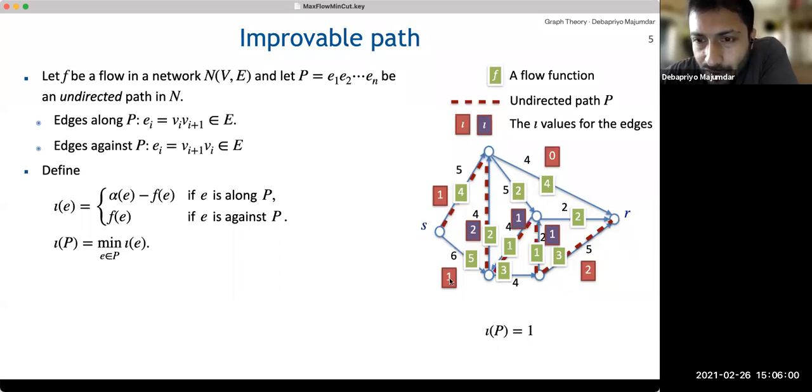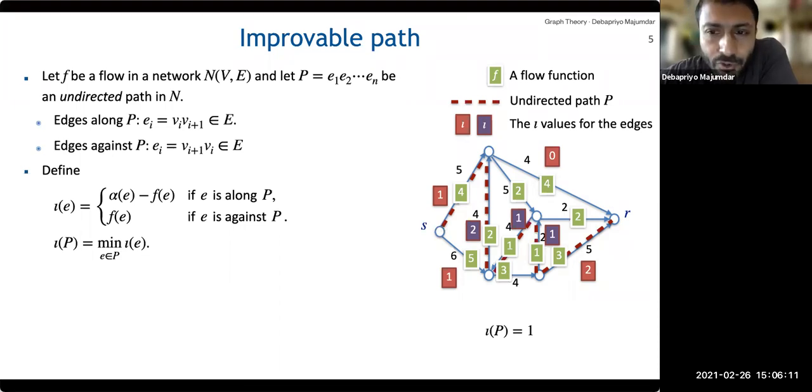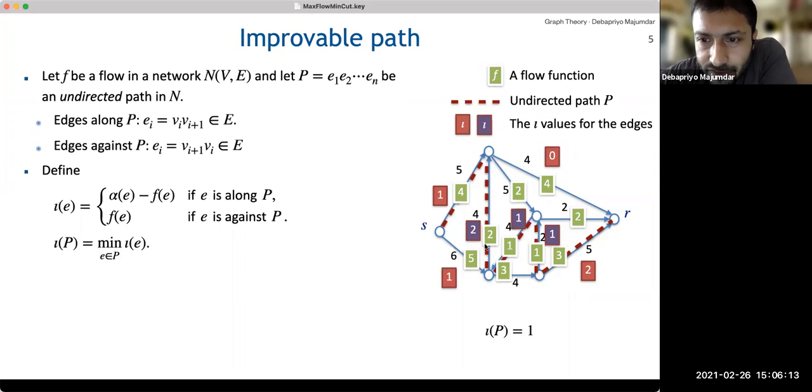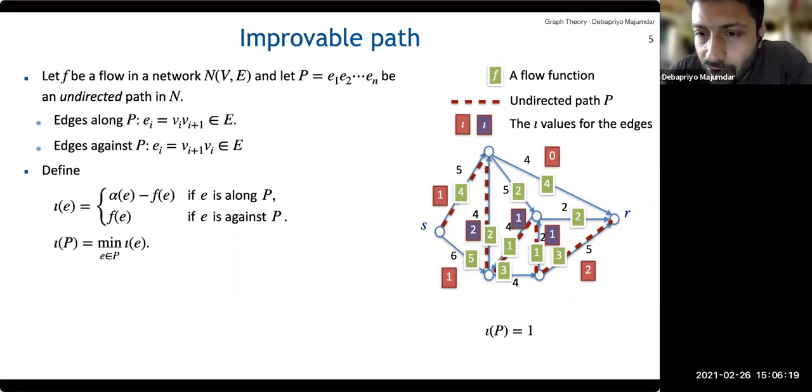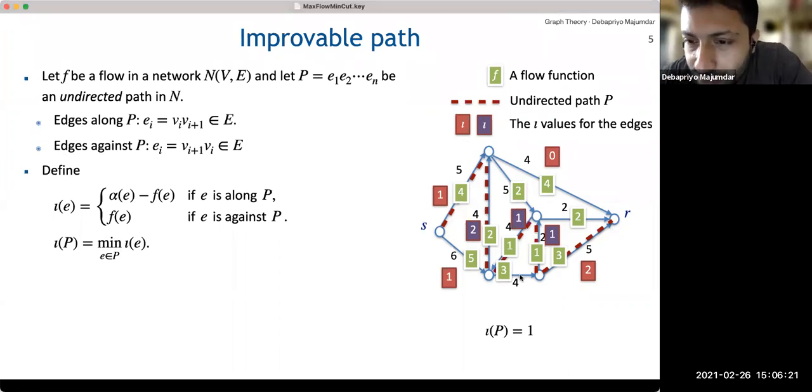Now, that means I can send 1 unit of flow more along this path. Now, your problem is, well, I cannot send anything along this, right? Because I don't have an edge along this.